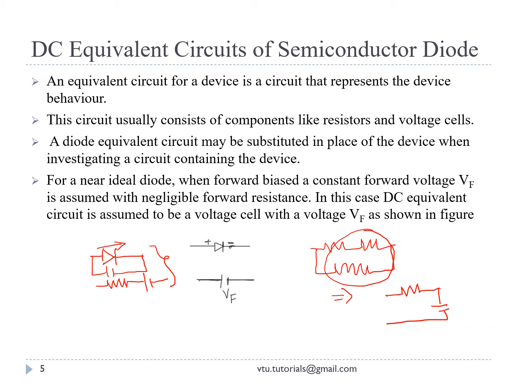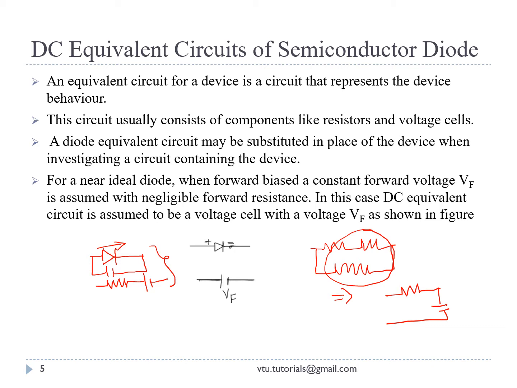This says that whenever we have a complex circuit consisting of a diode, apart from the diode you may have many other components. When you apply a voltage source to those components along with this diode, the diode DC model is used. So let's see what the different DC models for diodes are.